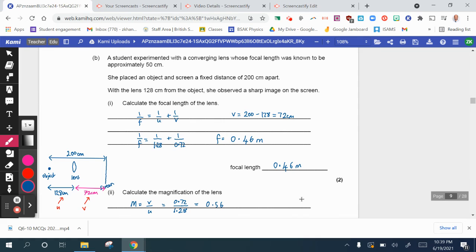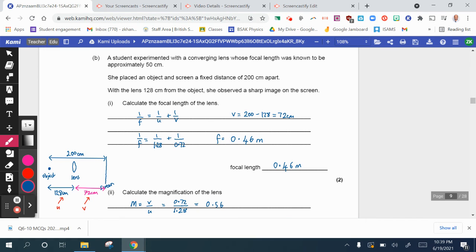That's v, and that's u. That's the distance from the object to the lens, and then from the lens to where the image is produced, which is on the screen. Getting this picture right would have got you that 72 centimeters, which is 200 minus 128. That picks you up a mark.